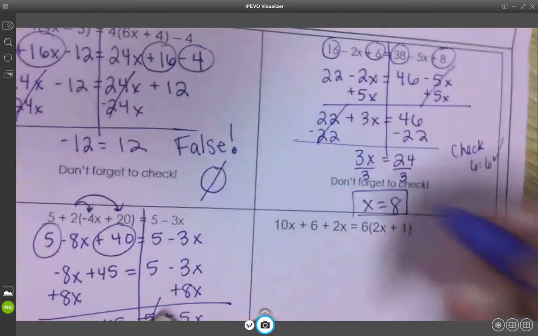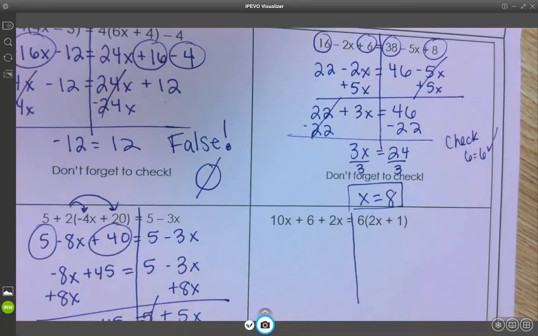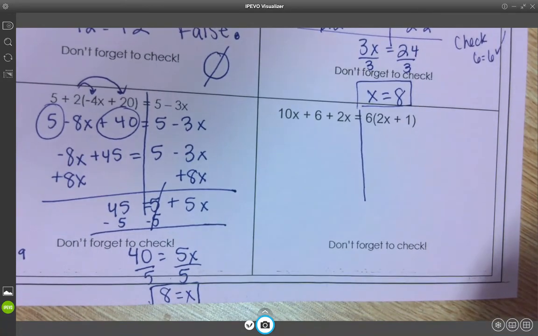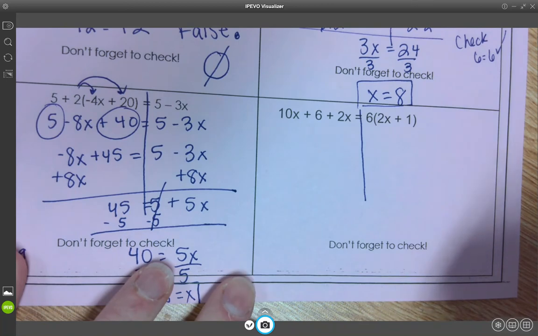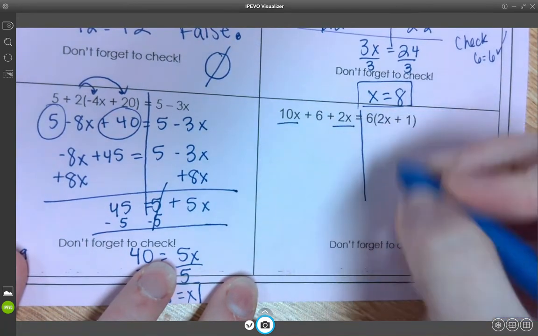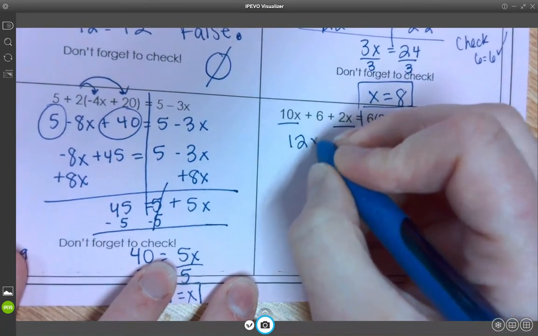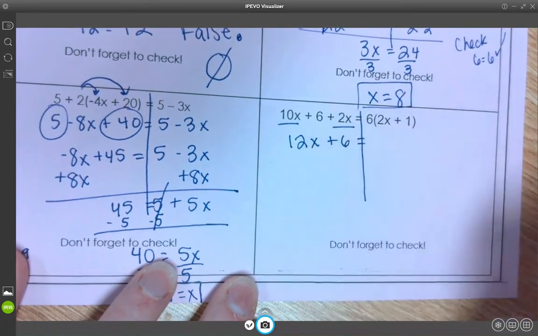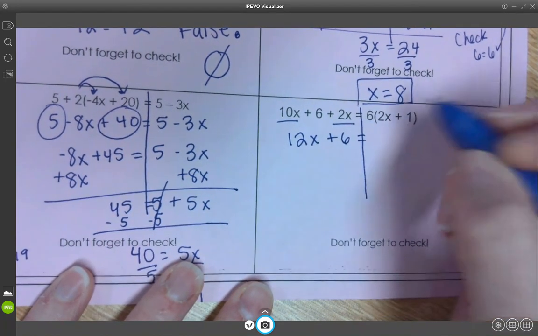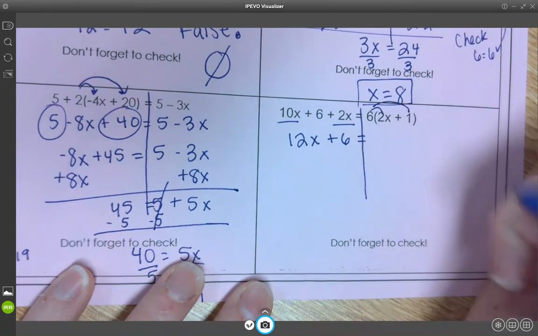All right, last example. The left-hand side, what do I need to do first? On the left side. Left side. Yep. Right side, though? Mm-hmm.